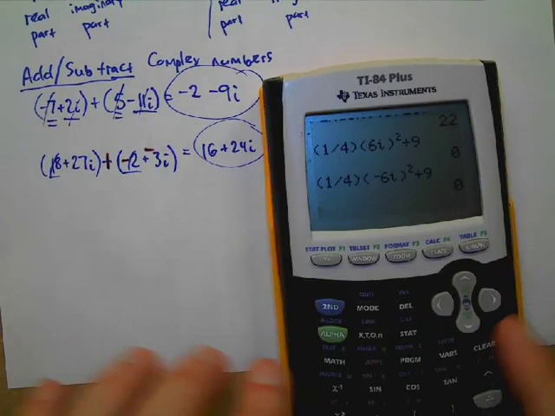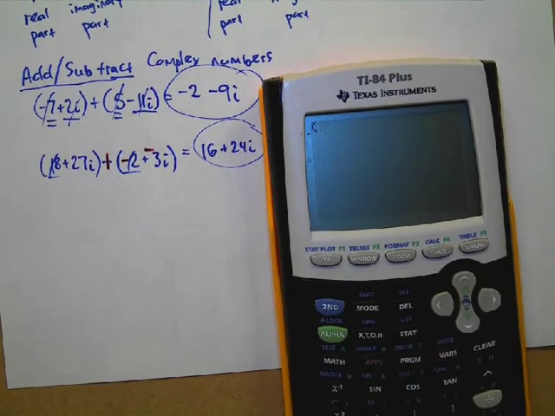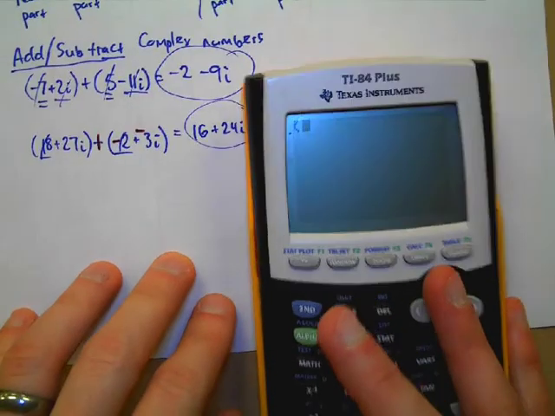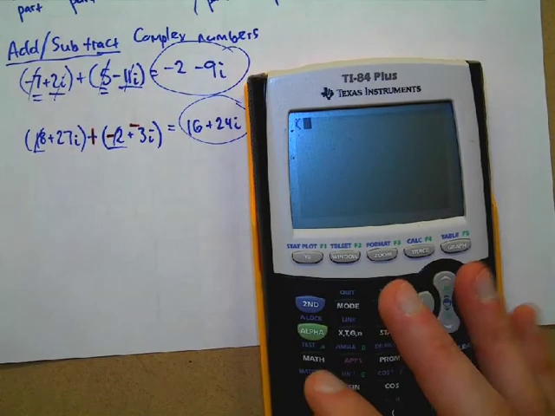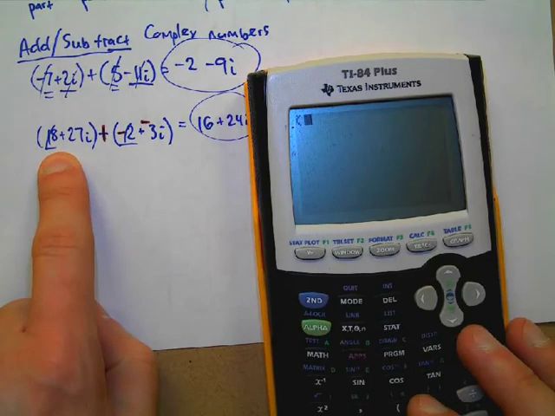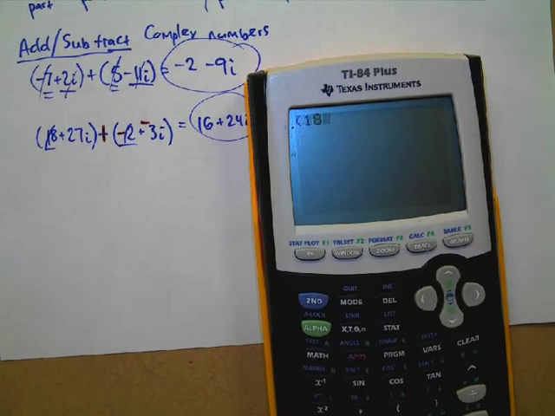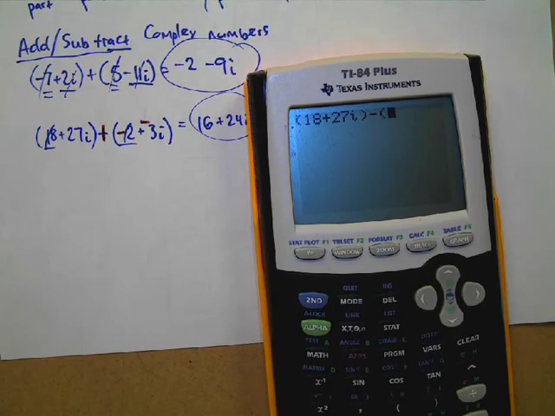All right. One thing I want to point out here real quick, and then I want to show you multiplication. If you have a graphing calculator, this is an example of where the graphing calculator makes it super easy for you. Let's say I want to take 18 plus 27i and subtract my original problem of 2 plus 3i. How do you type the i?